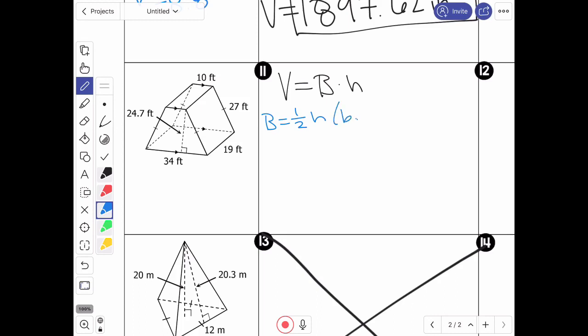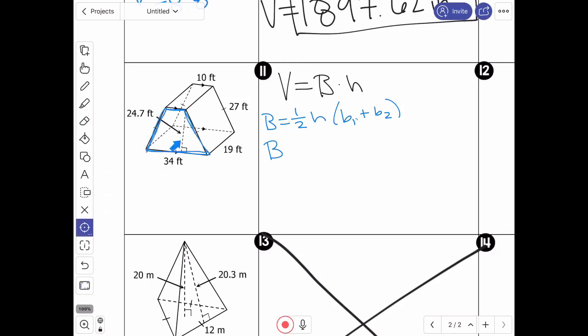So base 1 plus base 2. Okay, so let's try to find the base area first. So this is my trapezoidal base. This dotted line here is going to be the height of my trapezoid because it's forming that right angle. It's like the altitude of that trapezoid.